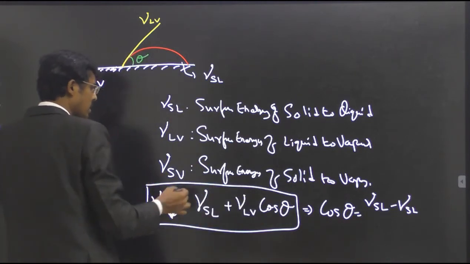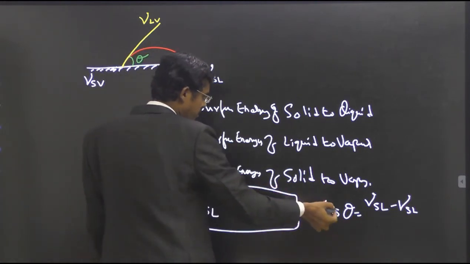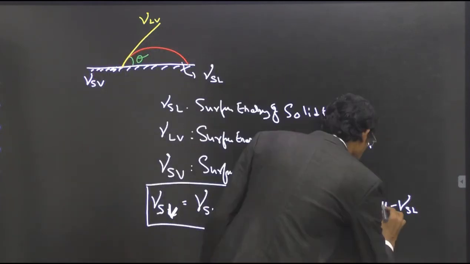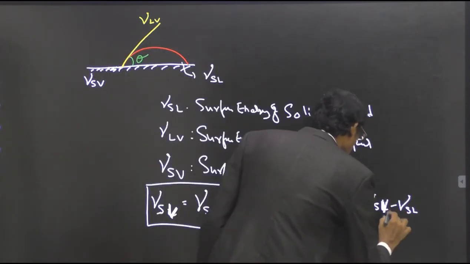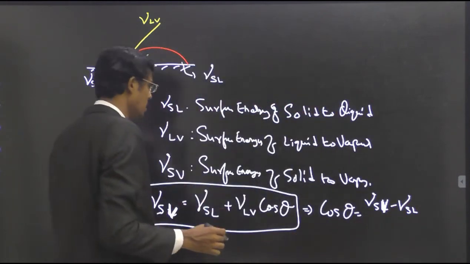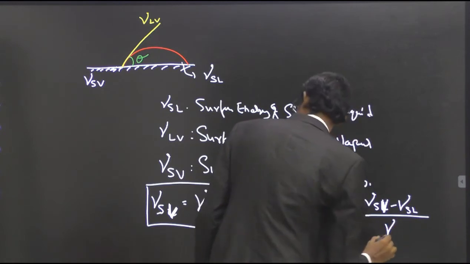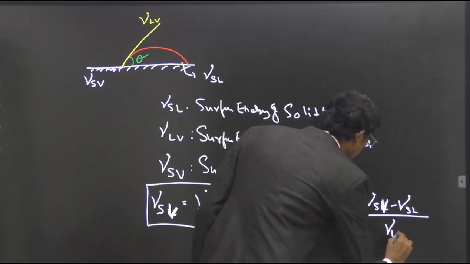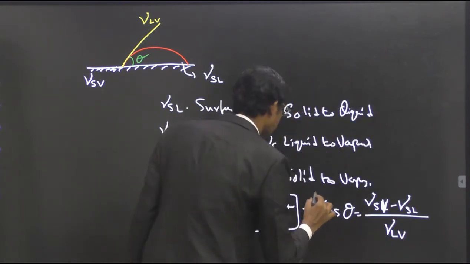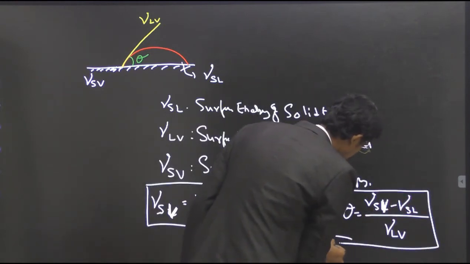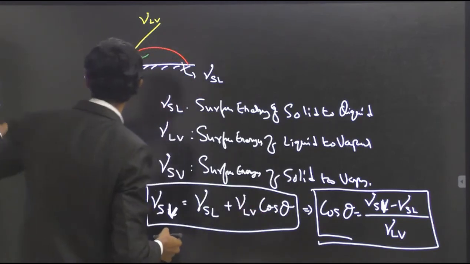From this equation we can find the contact angle theta. So cos theta is equal to surface energy of solid to vapor minus surface energy of solid to liquid, divided by surface energy of liquid to vapor. From this we can find theta.